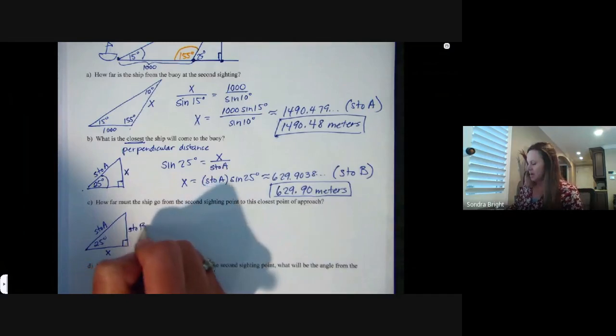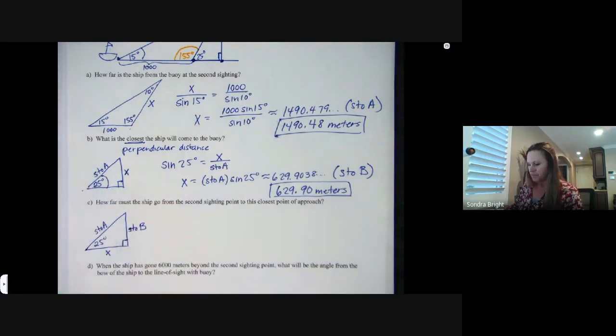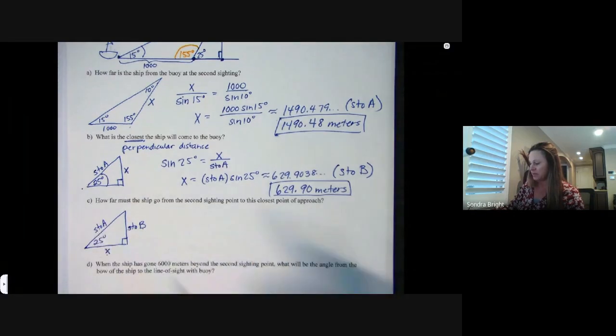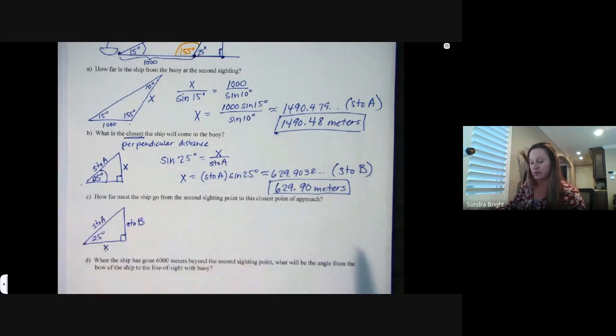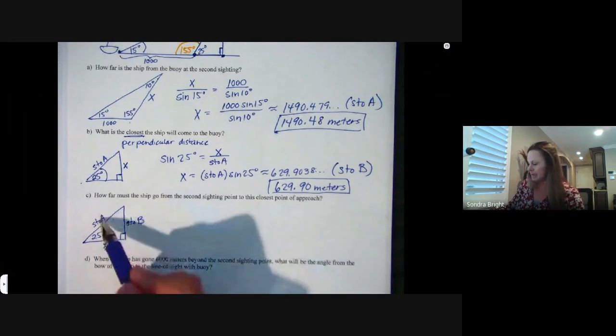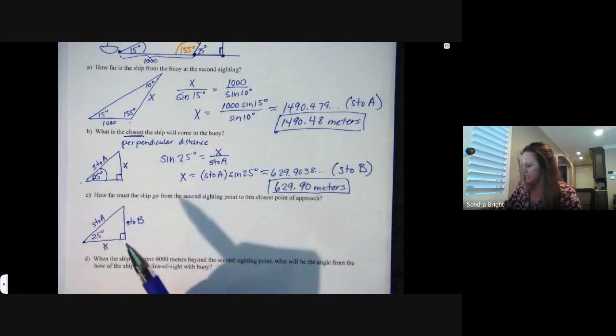So what do I want? I want x. You could either use B or A, it doesn't really matter. If you use B, this would be opposite over adjacent. If you use A, this would be adjacent and hypotenuse. So you're either using tangent or cosine. I'll use tangent.